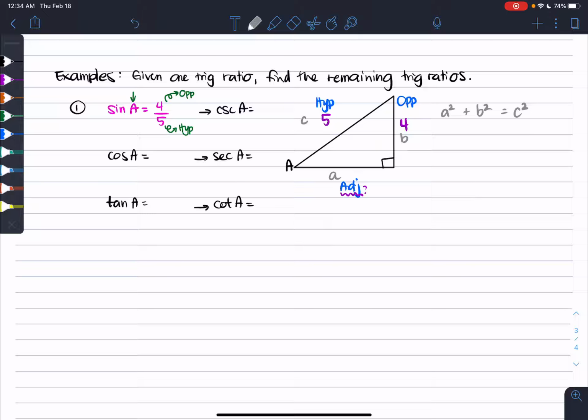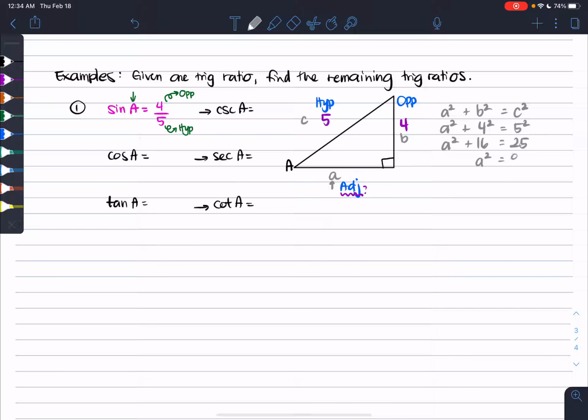So now we want to figure out what is the value of A. Solving this, I'm going to plug these values in. We get A squared plus 4 squared is equal to 5 squared. At this point, we are pretty comfortable with these types of problems and how to solve them.